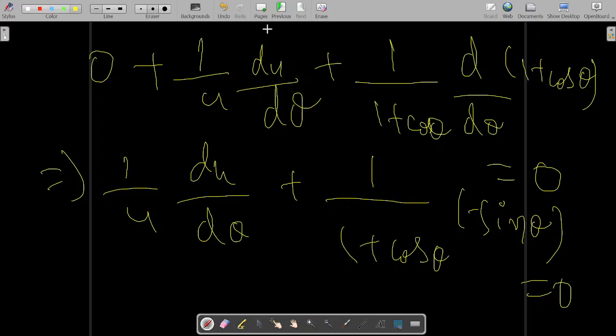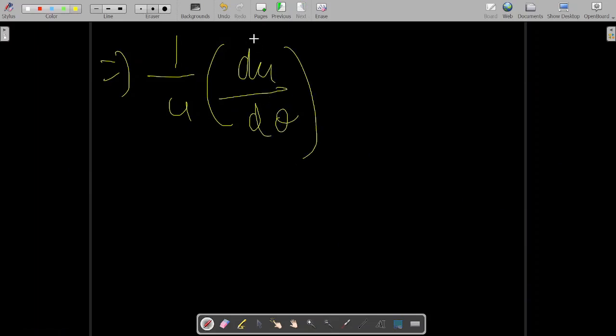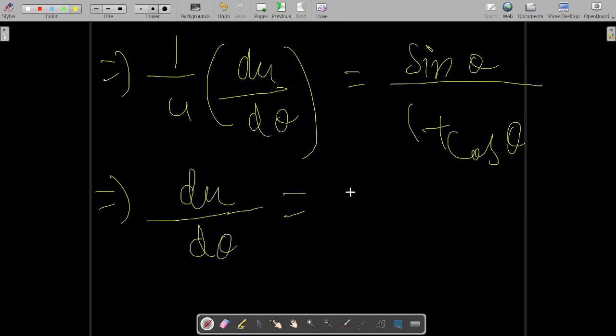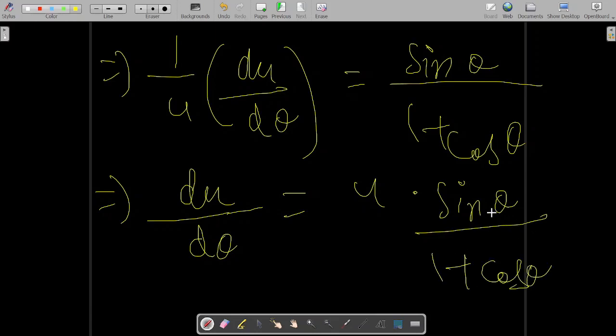So from here, what do you get? The value of du by d theta. That implies 1 over u du by d theta is clearly equal to sin theta divided by 1 plus cos theta. So du by d theta will be u times sin theta divided by 1 plus cos theta, right?